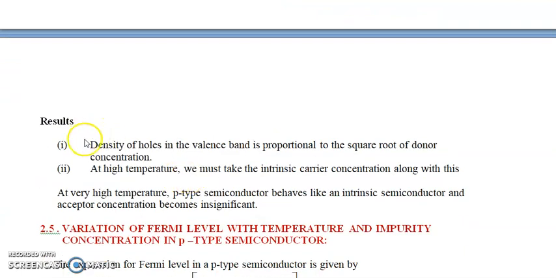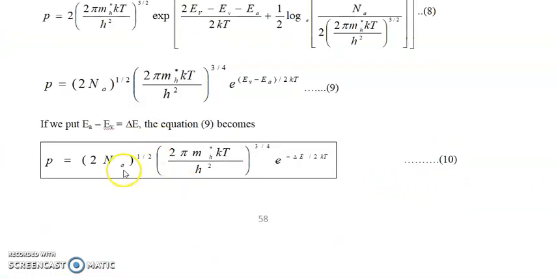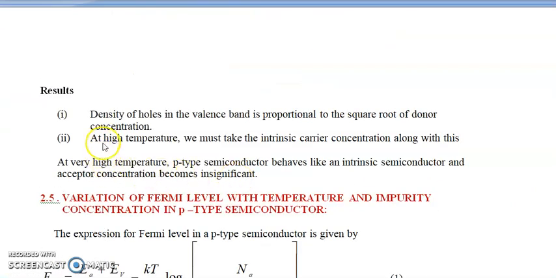So what is the result we are getting? The density of holes in the valence band is proportional to the square root of the acceptor concentration Na, not the donor concentration. At high temperature, thermally generated electrons and holes also appear, so we have to take the intrinsic carrier concentration into account.